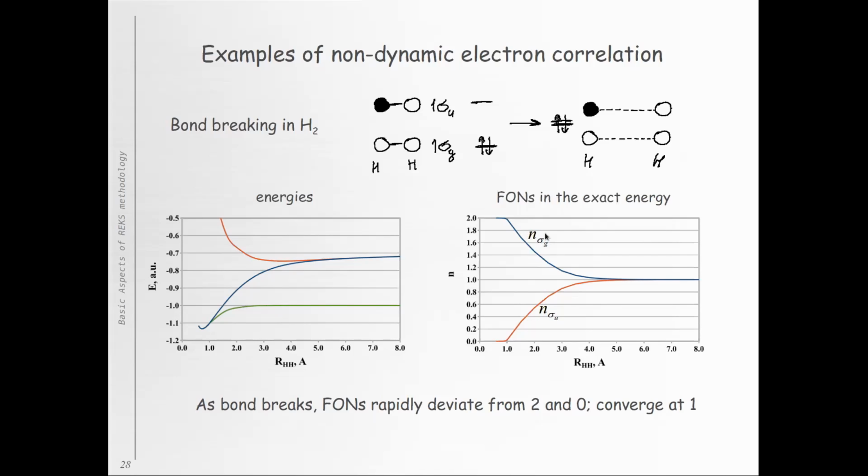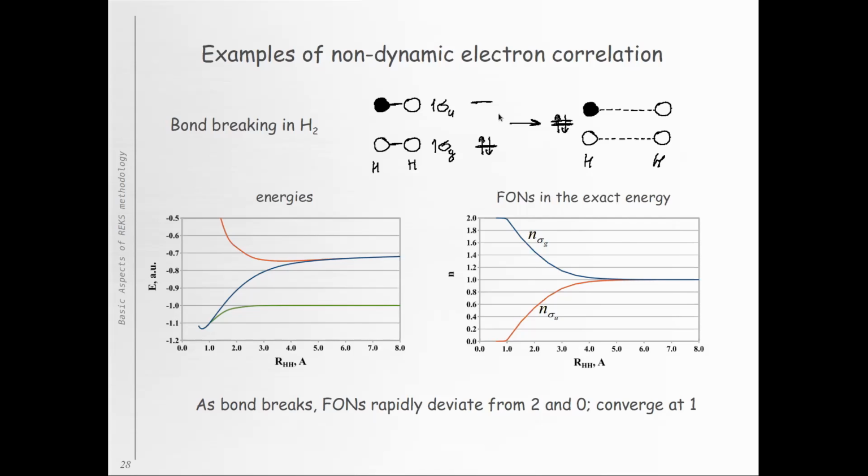So near the equilibrium bond length, up to this point, both remain canonical, 2 and 0. So doubly occupied sigma g orbital and empty sigma u orbital, which intuitively is the correct picture near the equilibrium geometry.